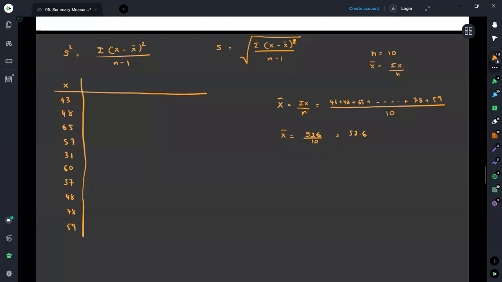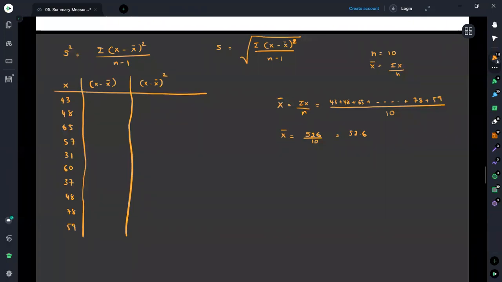Now we need to find the value of the summation of (x minus x bar) squared. If you need, you can obtain a column for x minus x bar, and then the next column, which is the square of the values obtained here.